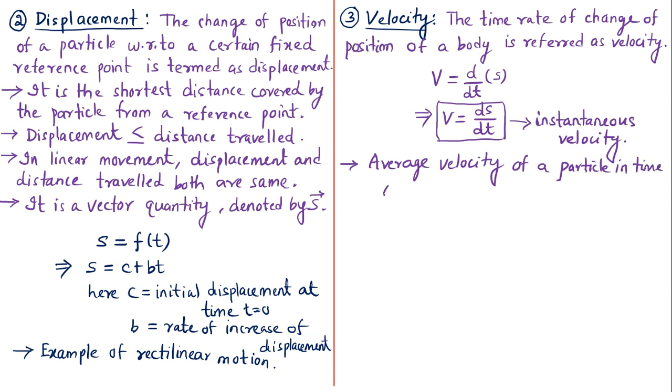We know that velocity equals change in displacement over change in time. So delta s by delta t is known as average velocity. But ds by dt is known as instantaneous velocity. This is v average, or v avg: v average equals delta s by delta t.